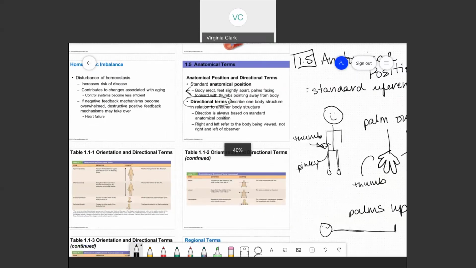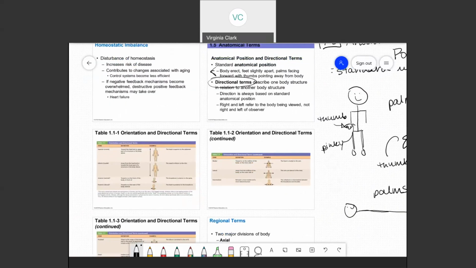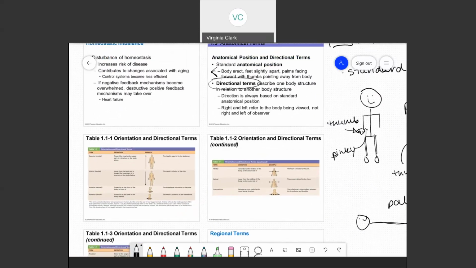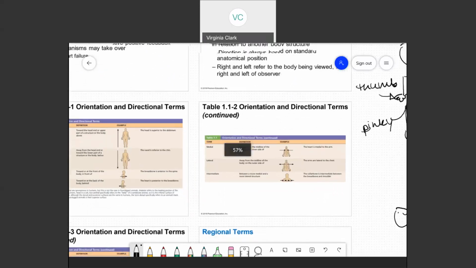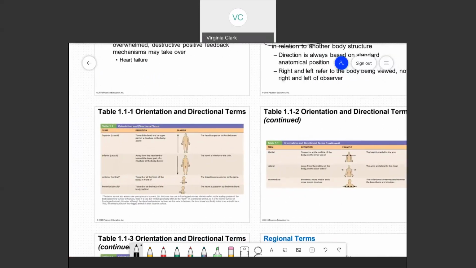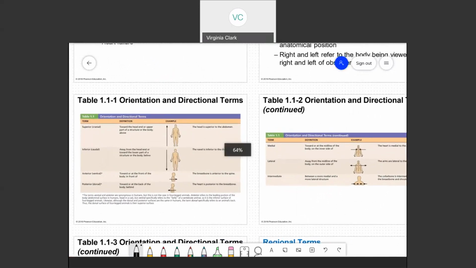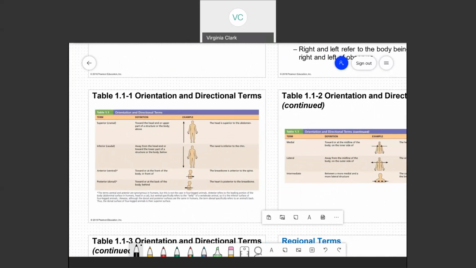One thing I do want to give you a heads up on is, as you're speaking directional terms, as a reminder, we're learning how things relate to each other. Think about a map. If you have north, the opposite direction of north is south. If you have east, the opposite direction is west. So these anatomical terms actually are going to have opposite directions. So that's very important to note.